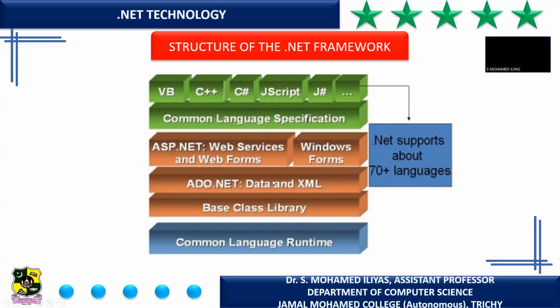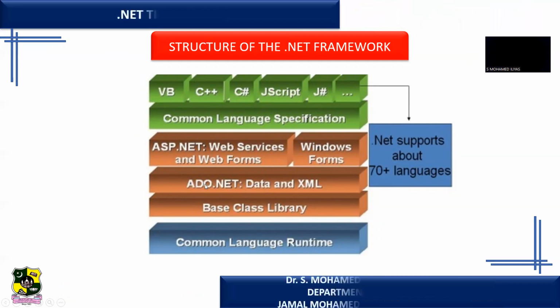Then the next layer has ADO.NET, ActiveX Data Objects .NET. It supports the database concept, data, and Extensible Markup Language, XML. Then the topmost has ASP.NET, with web services and web forms.